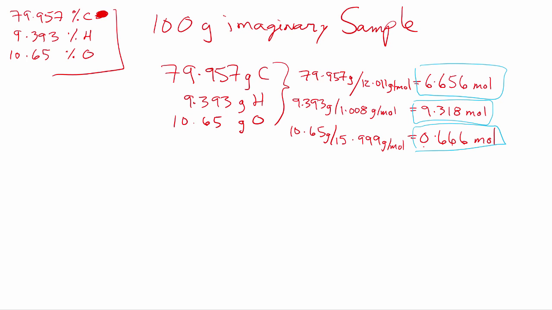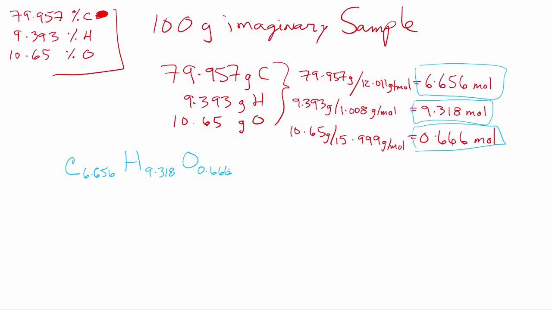And so now these are the molar ratios. So how you can write this new equation is basically like this: C6.656 H9.318 O0.666.